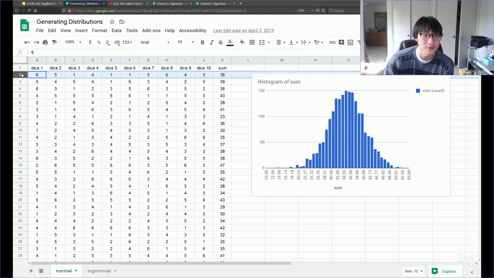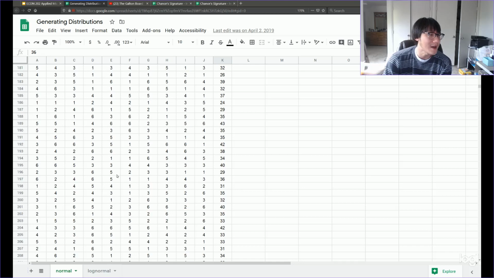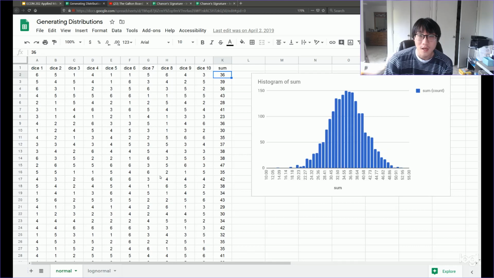Here's my first trial: 10 rolls of a six-sided dice. We got 6, 5, 1, 4, 1, 1, etc. I took those numbers and added them up, and I got this sum, 36. And then I proceeded to do that 1,000 times. If you look at the distribution of this sum, you can see that it is normally distributed.